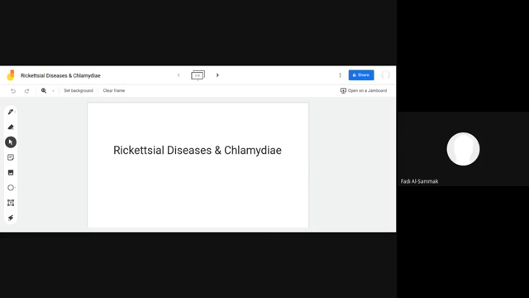We have ticks, we have mites, fleas or lice. And the ticks, mites, fleas, and lice or louse vector. So these are the different vectors.